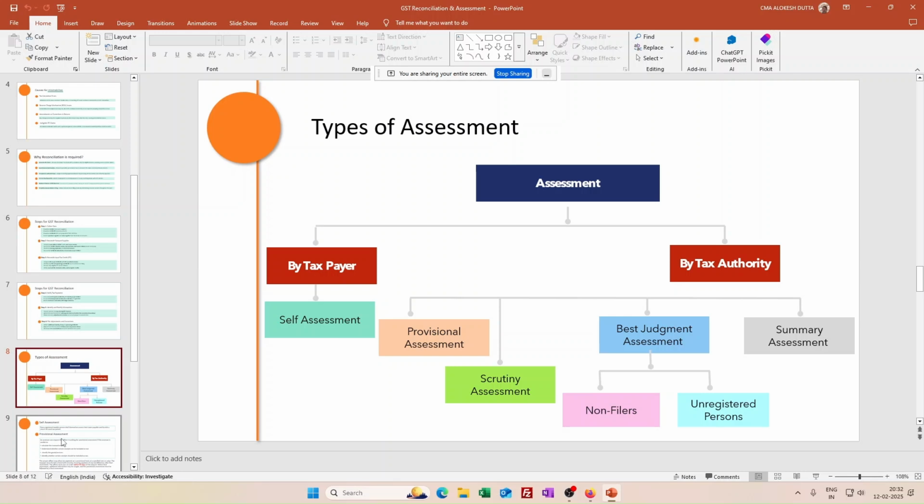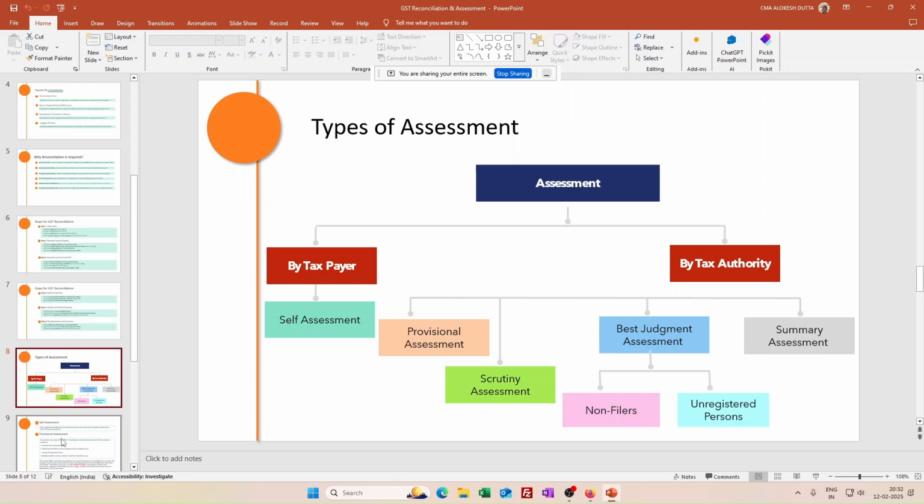Each and every time while filing GSTR 3B, the assessee, the taxpayer, must assess. Otherwise, how can he determine the tax payable? So self-assessment is always done by the taxpayer.